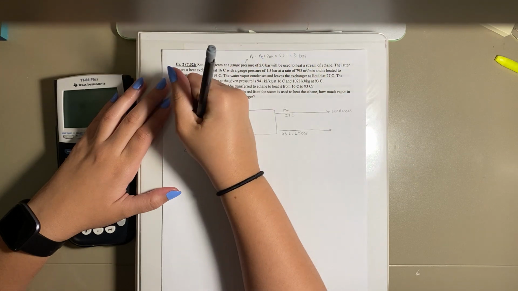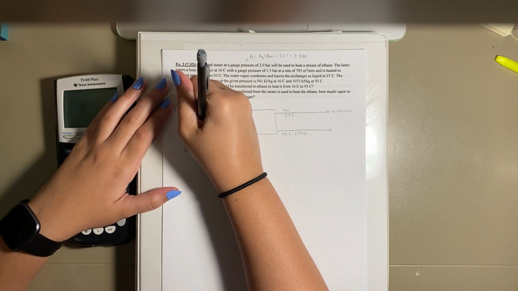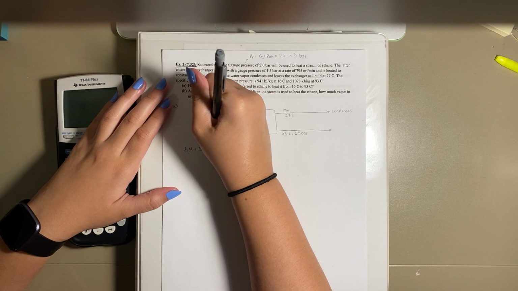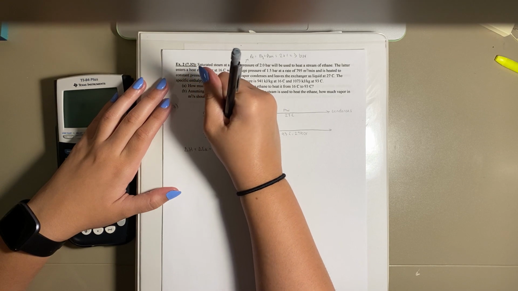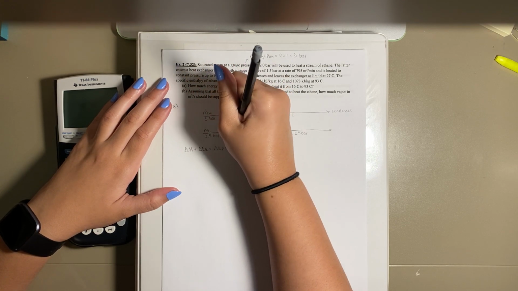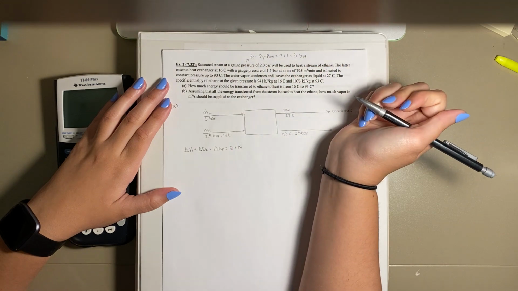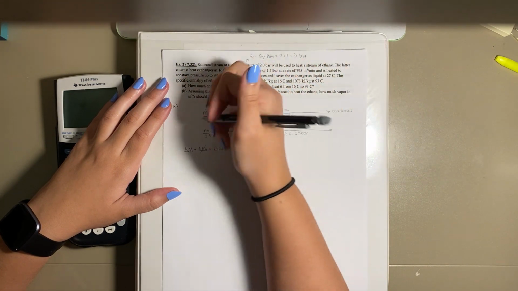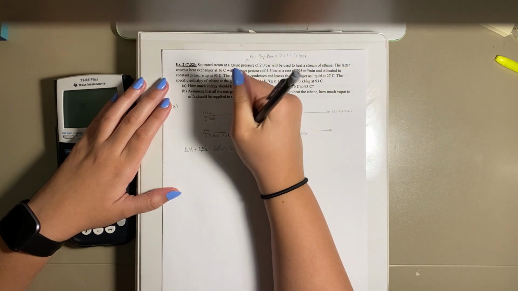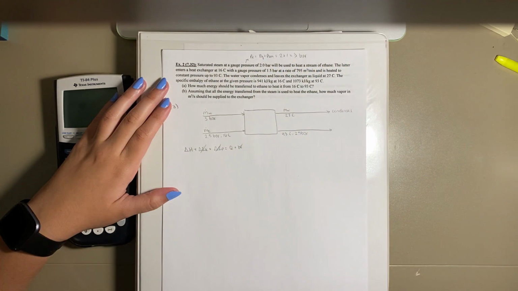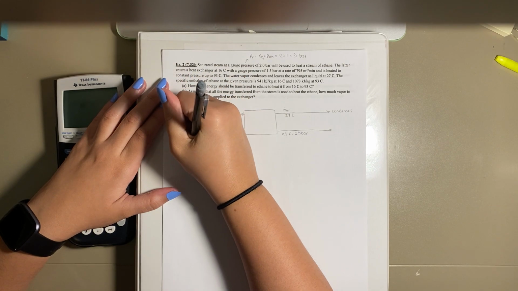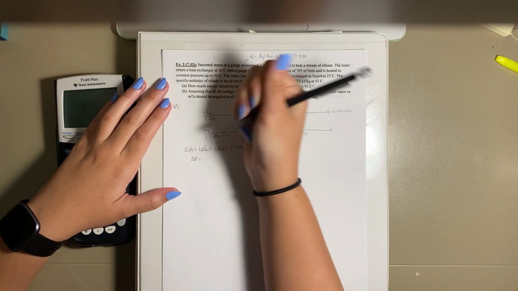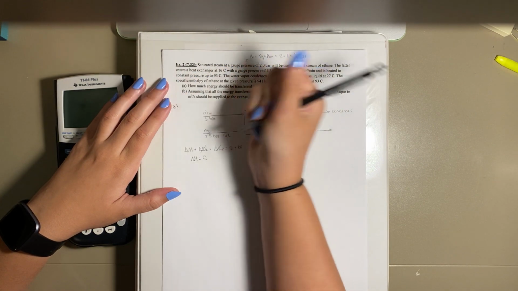So change in enthalpy plus change in kinetic energy plus change in potential energy is going to equal Q plus W. So we don't have any kinetic energy change here, no potential energy change here, and no work to the system. So delta H is going to equal Q here.